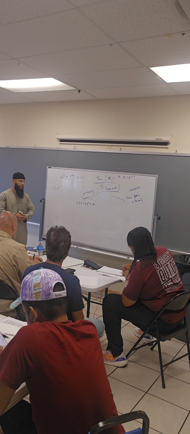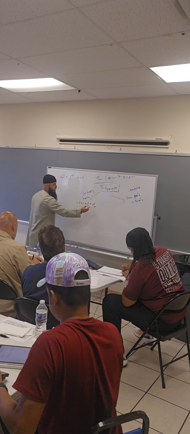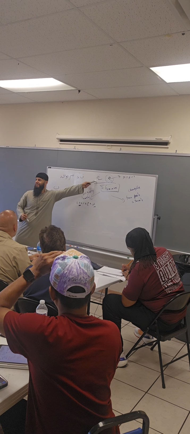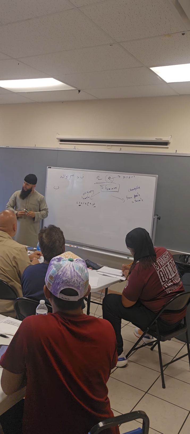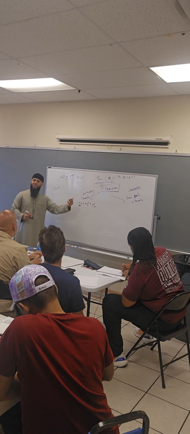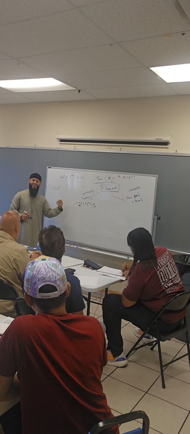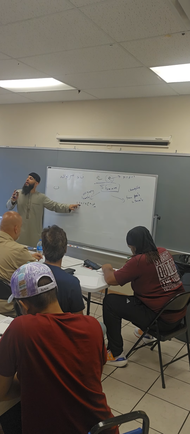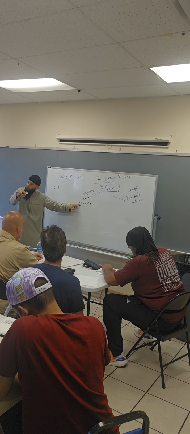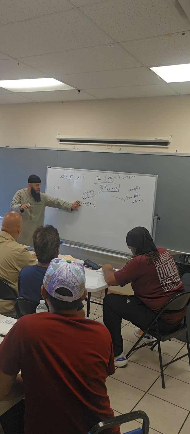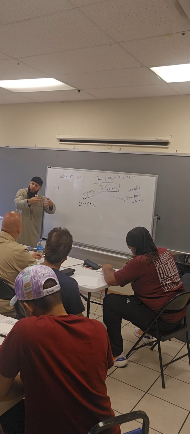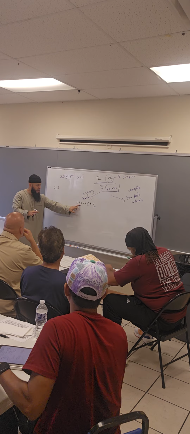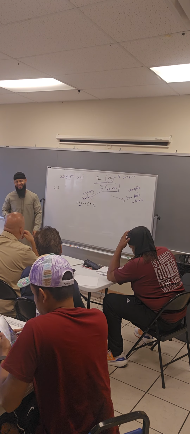So shin is in the beginning, and ta marbuta is at the end. Why does it look like this and not like that? Because the ra is the last. Because the ra doesn't have a left hand, it doesn't connect, so it's just a little circle like this. This ta is from the word itself. It's the root. You cannot remove it; it has to be with the word always. So when I see this, I know that this word is female.